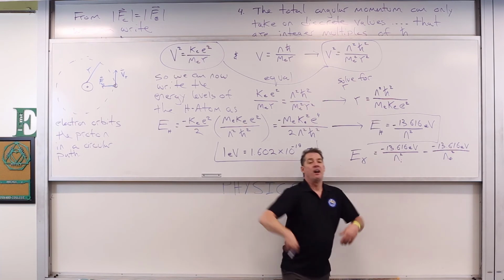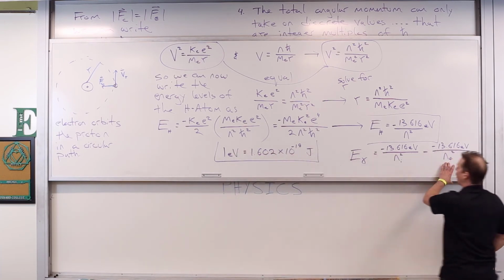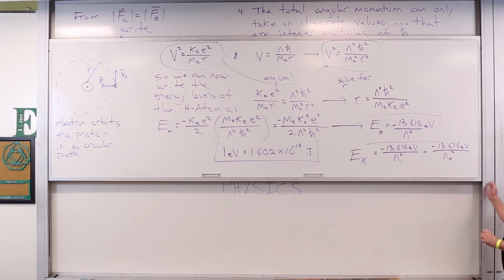Where this is just correlated with the initial orbital radii, and this is correlated with the final orbital radii. And again, we're only considering going from a higher energy level down to a lower energy level where energy is released in the form of the photon. Can go the other way, but that's energy absorbed. And ultimately, that's it. So we're going to come back and do some cool stuff with this and map some stuff out a little bit better. But this is all extracted out of Bohr's theory of the atom here.